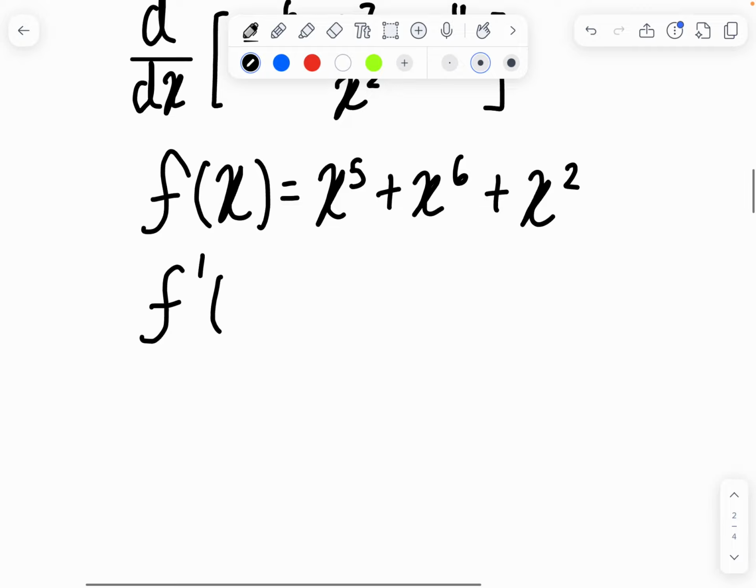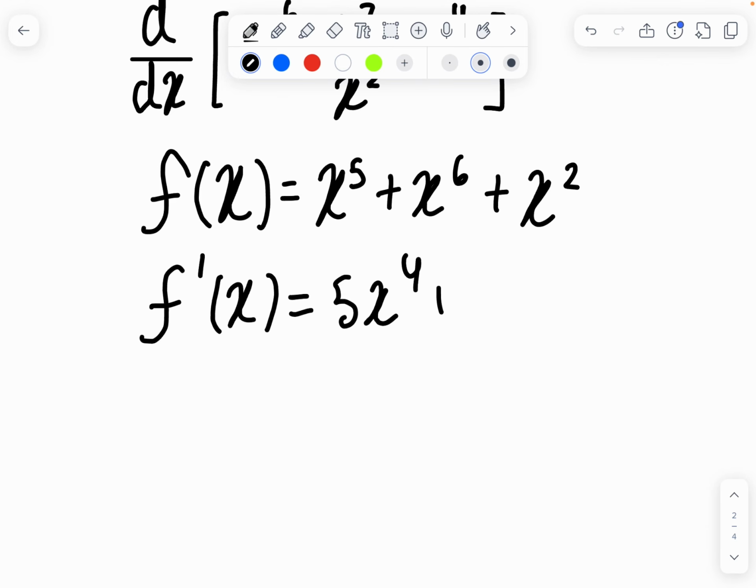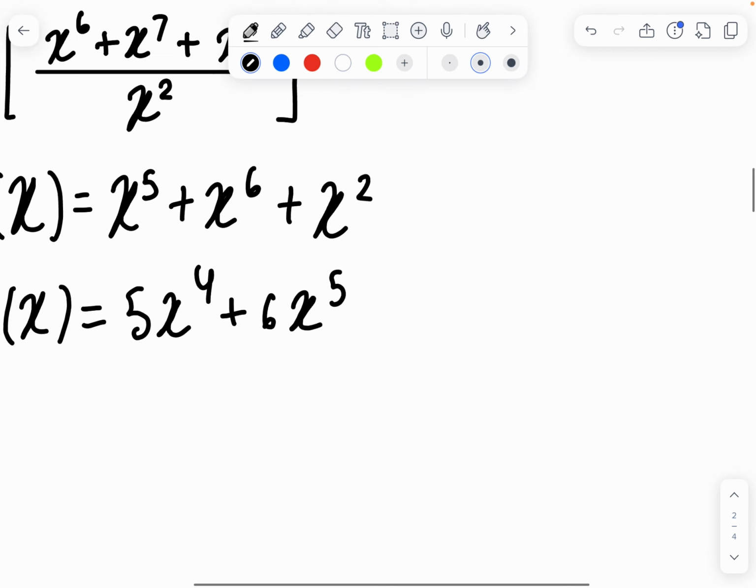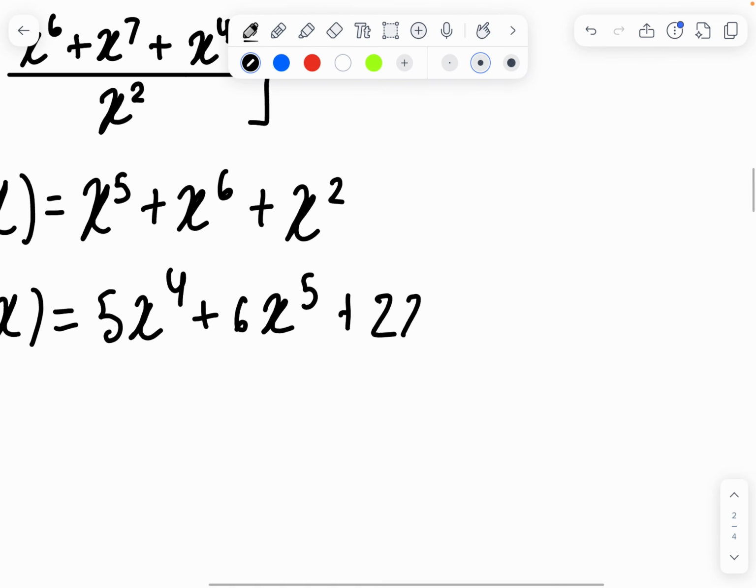f prime, and then apply the power rules: 5x to the power of 4 plus 6x to the power of 5 plus 2x.